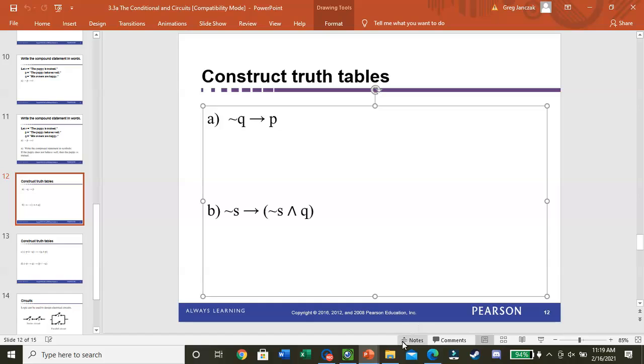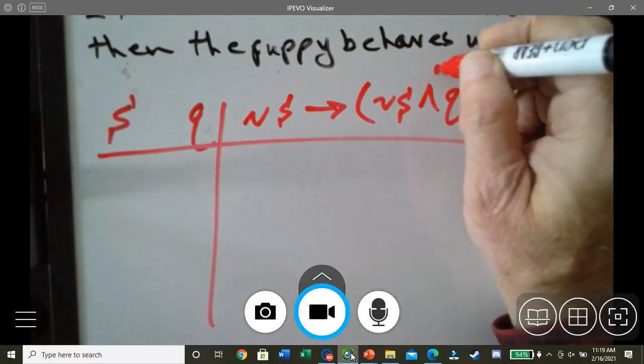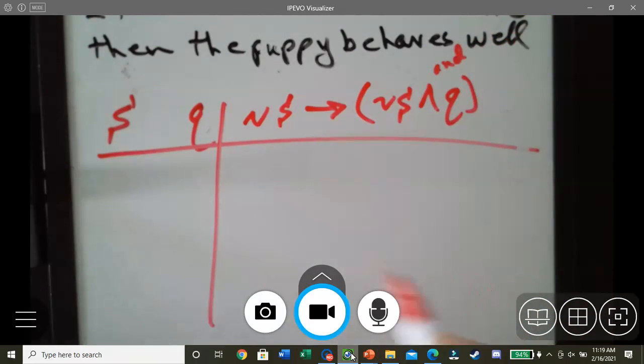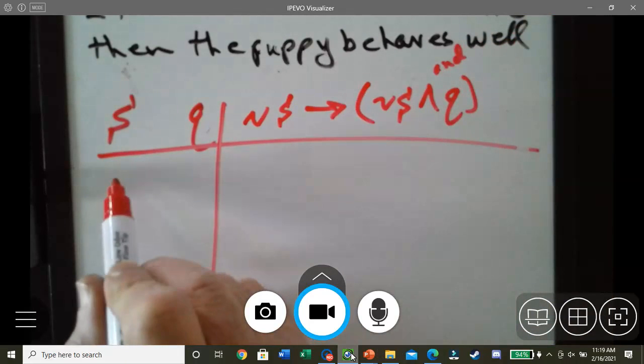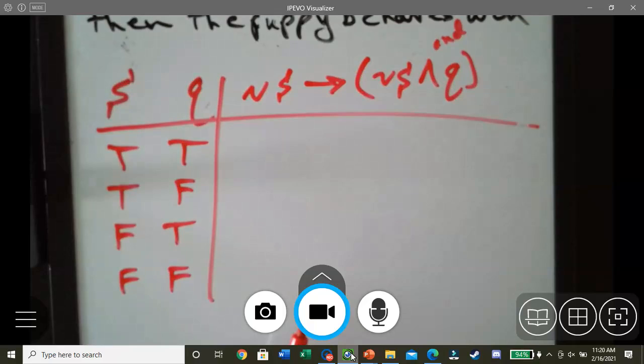So we're going to write and up here, just to remind us, okay? And it's the same. True, true, true, false, false, true, false, false, okay? The only difference is we're using S instead of P.